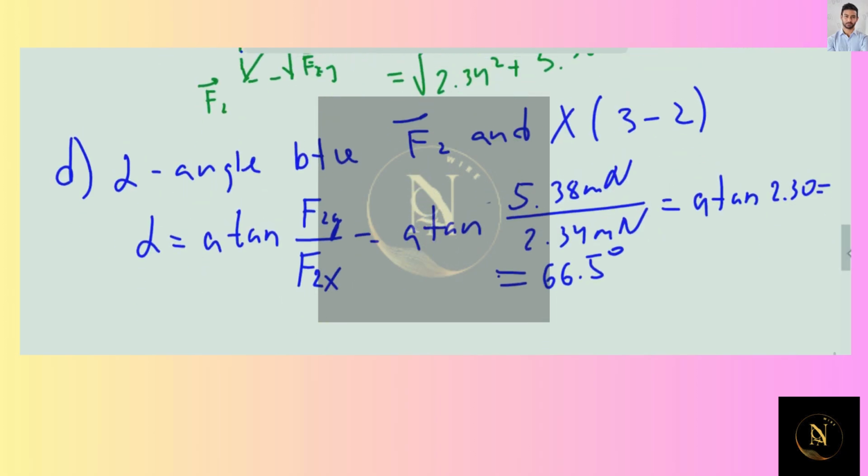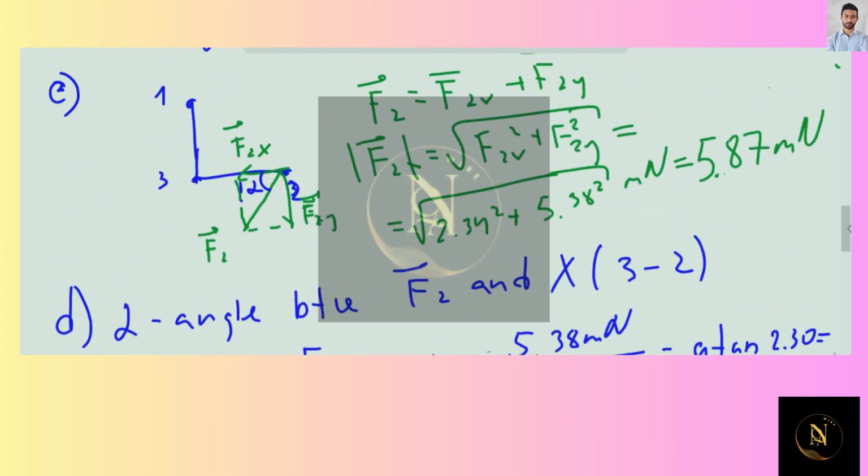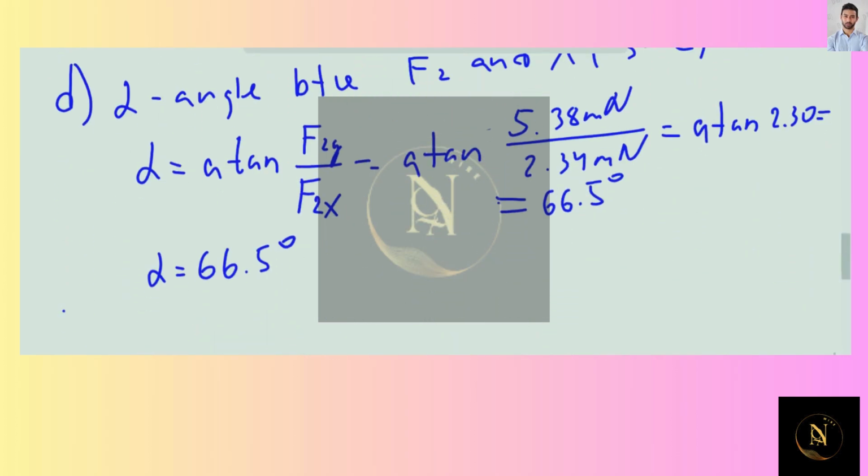So this is the correct answer to this question. So alpha equals 66.5 degrees, and the resulting force is directed to the left bottom corner of the screen. So let's summarize our findings.